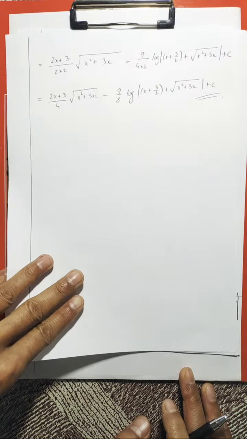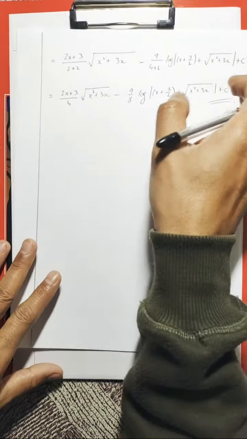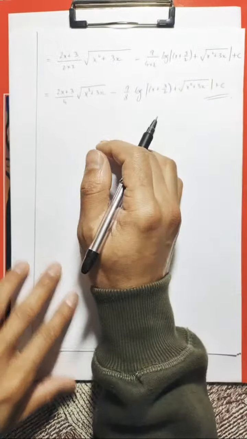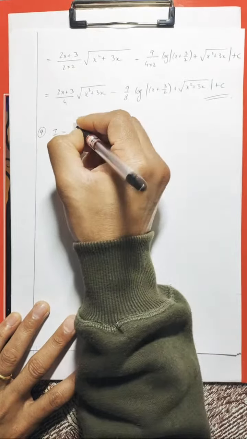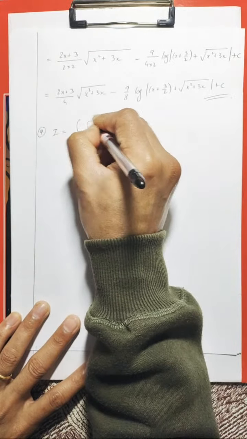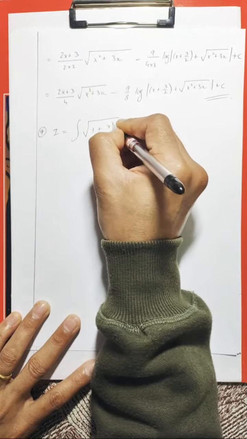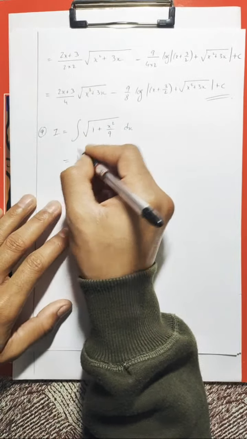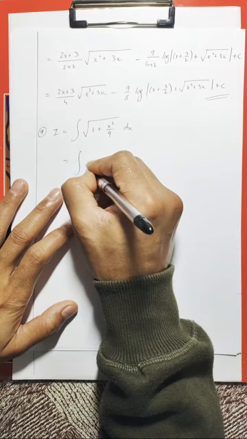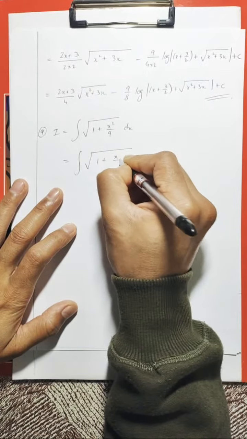Okay, so one last question before we wind up for the day. Number 9, integral of root over of 1 plus x square by 9. Simple questions, actually these questions are much simpler. So that will be just root over of 1 plus x by 3.